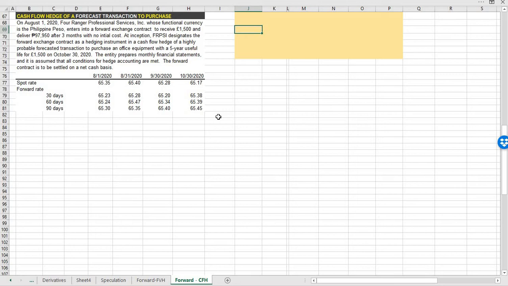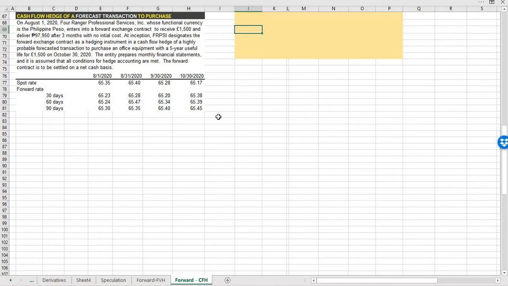So, sa forecasted transaction, unlike firm commitment, sabi natin, ang forecasted transaction ay hindi committed, pero highly probable. So, ibig sabihin, malaki pa rin yung chance na mangyayari yung ina-anticipate nating transaction in the future, kasi nga siya ay highly probable. Pero, dahil hindi nga siya committed, hindi guaranteed na mangyayari to.